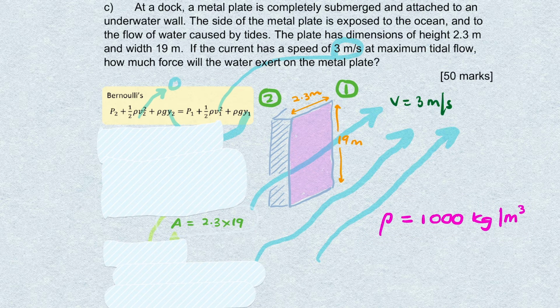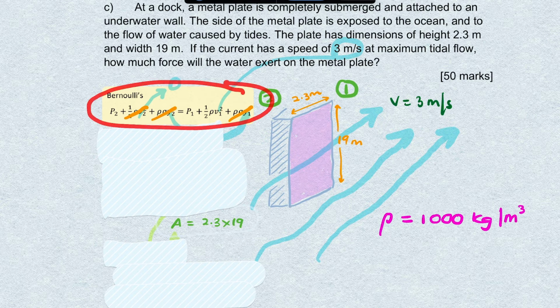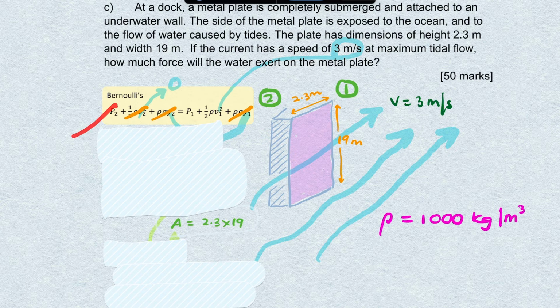So the density of water is 1,000, that's rho. g is the gravitational constant, but it doesn't matter because this is the same as that, so we can subtract it from both sides. And this is 0, so it disappears. So really, your equation only has 3 terms: P2, P1, and half rho times velocity squared.